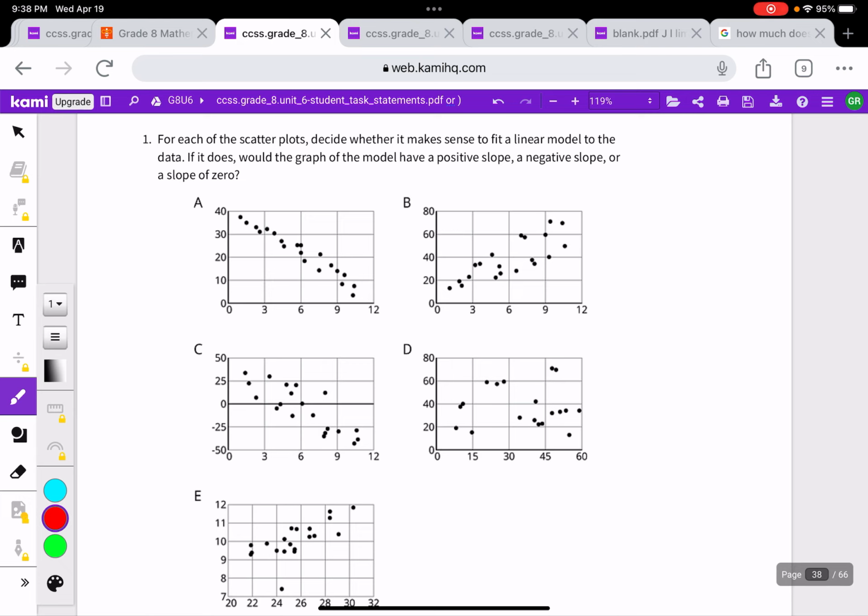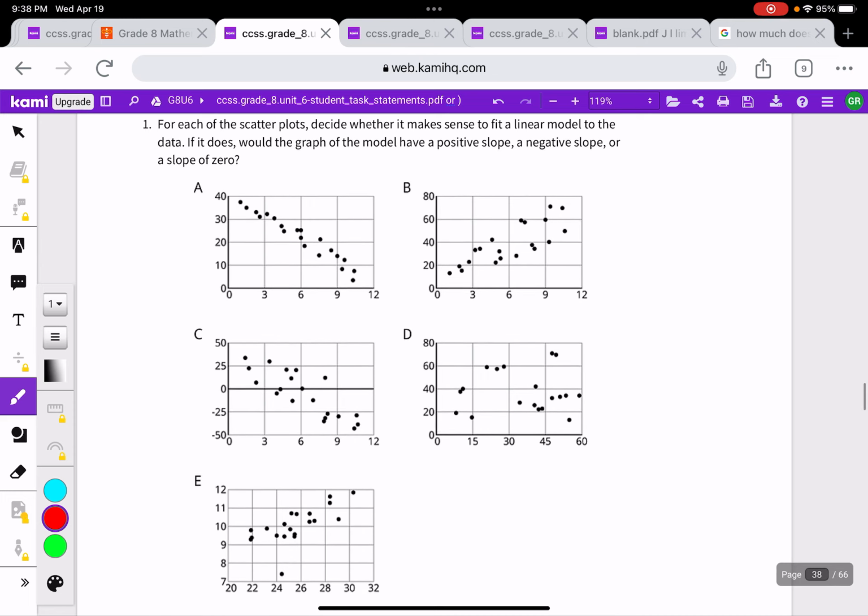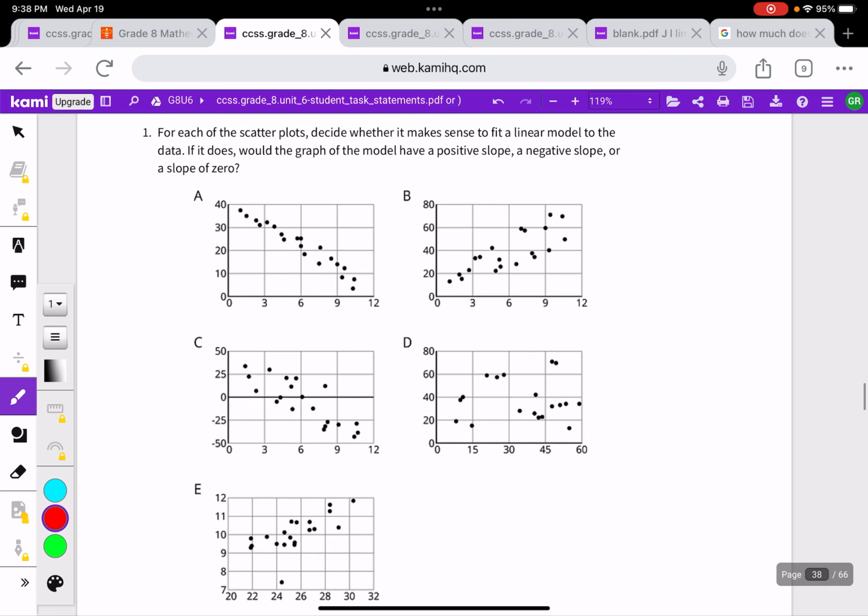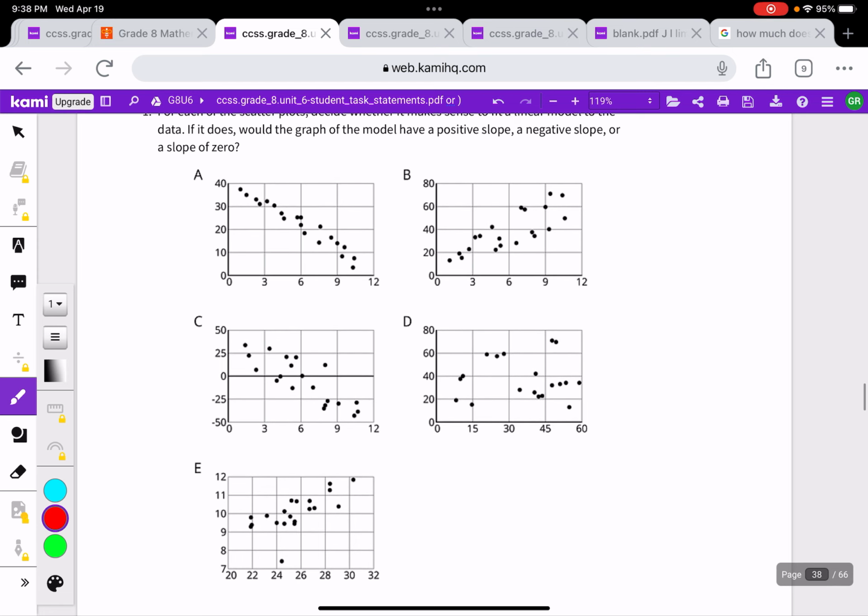Decide if you look at it and you're like, yeah, I see it kind of just this kind of line. This is the tendency. Then go ahead, and it says decide whether it makes sense to fit a linear model to the data. If it does, would the graph have a positive slope, a negative slope, or a slope of 0?